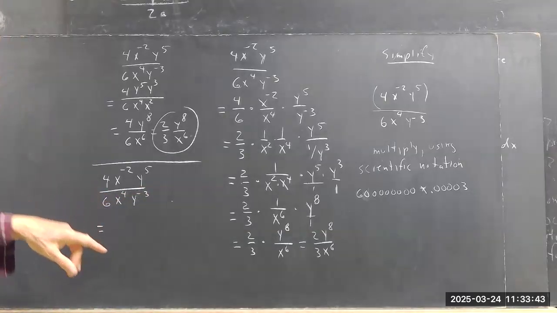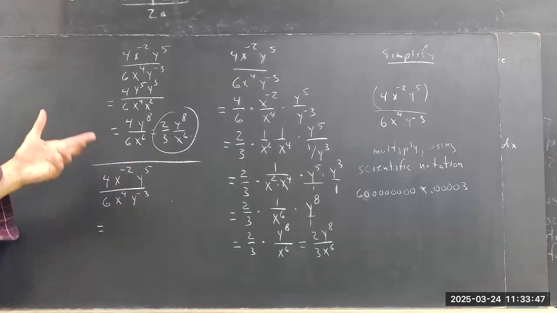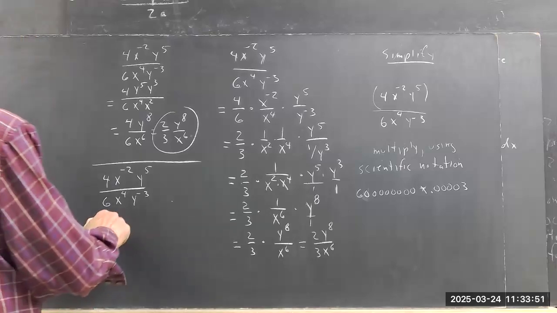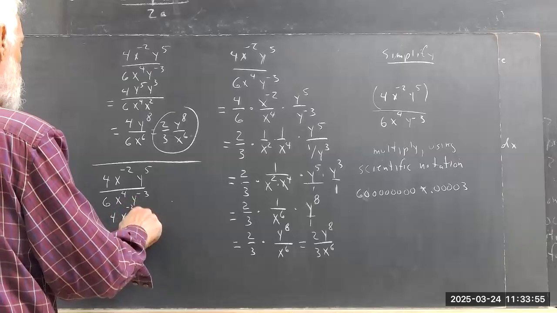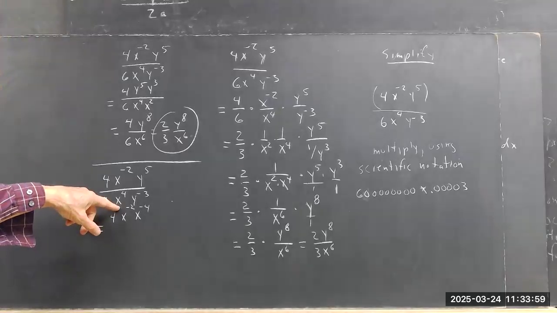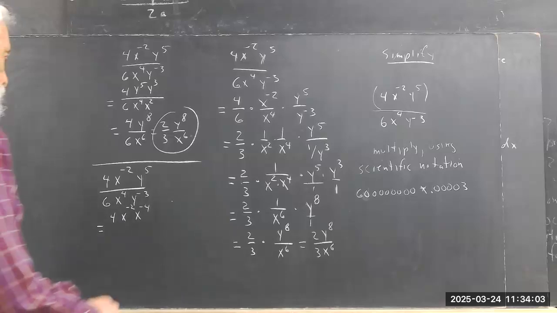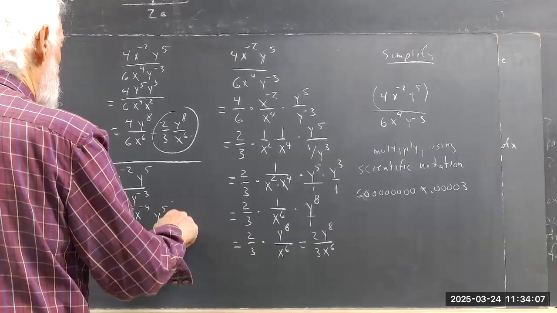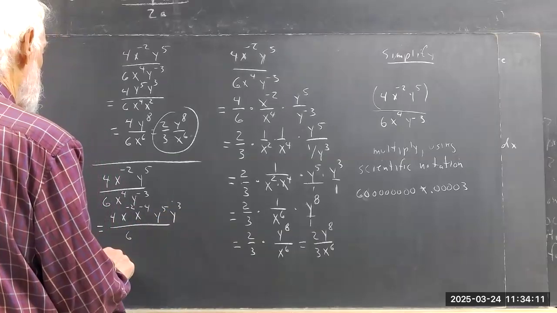is to write it without any denominators, except of course 6. You're going to have the 2/3. So that's going to be the same as 4 x to the negative second, x to the negative fourth. And your x to the fourth in the denominator will become an x to the negative fourth in the numerator. Then you're going to have your y to the fifth, y to the third, over 6.